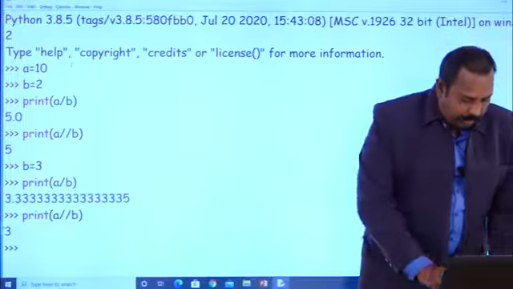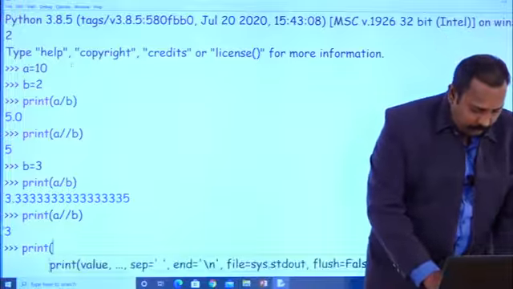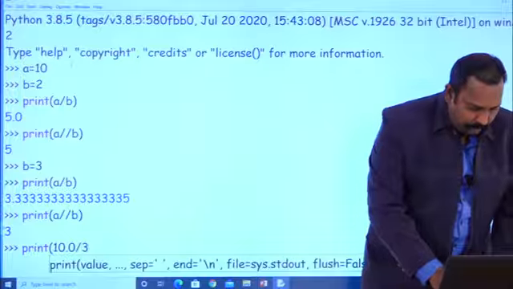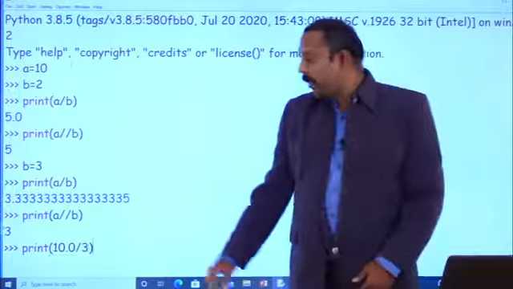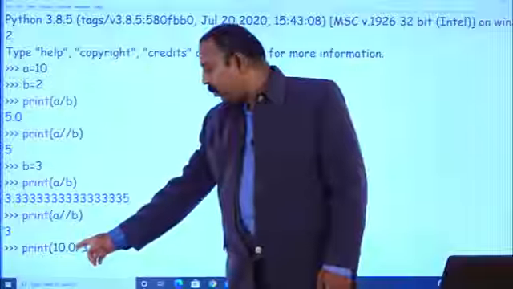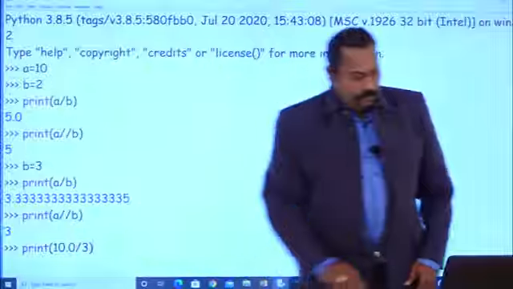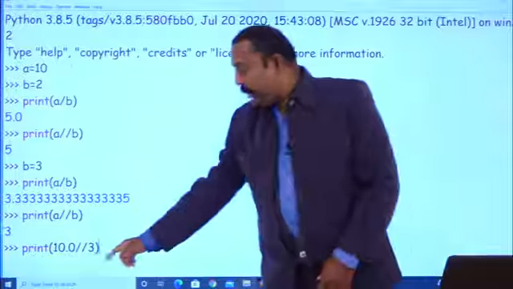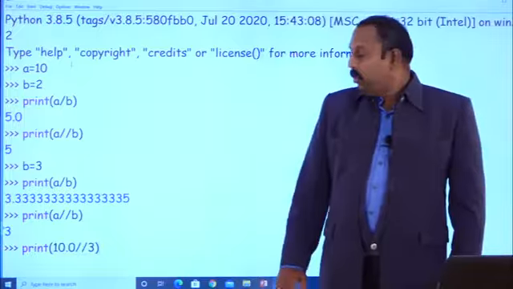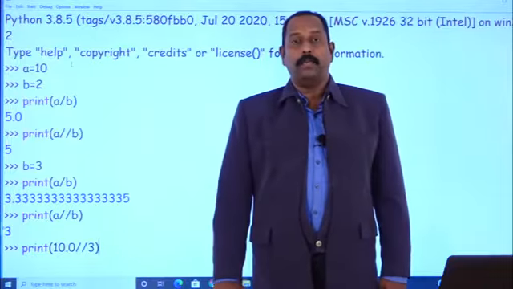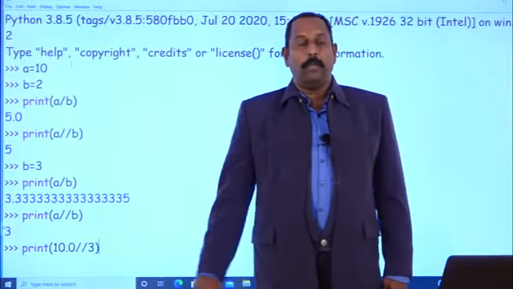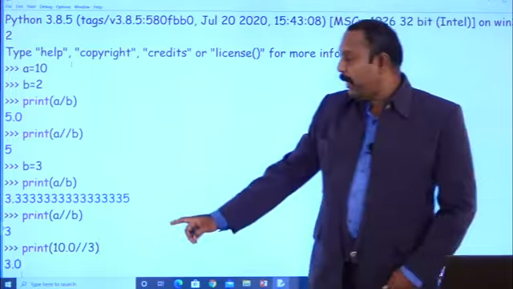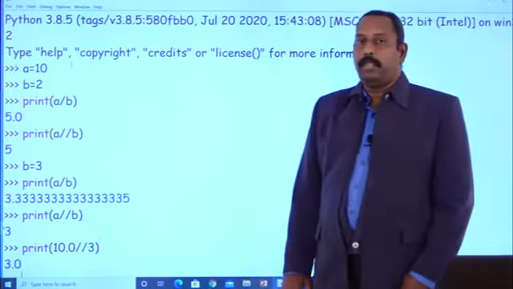Suppose I write print 10.0 divided by 3, using floor division. Here one is a float value, the other one is an integer. Floor division means you will get the floating point value, but what is the output we will get here? 3.0. Why did we get 3.0?